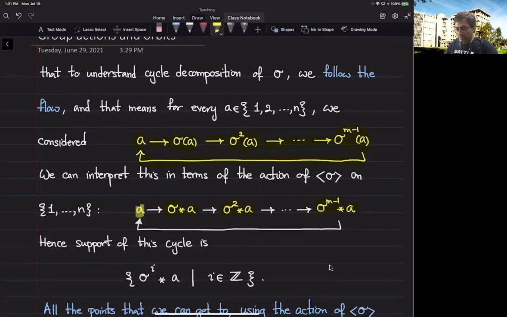So I am saying that this cycle that we got out of there can be described as how sigma acts on the point a again and again, and what we end up getting by letting sigma act on this point again and again. So this means that the whole set is what we can end up getting by applying integer powers of sigma to the point a. So these are all the possible points that we can get.